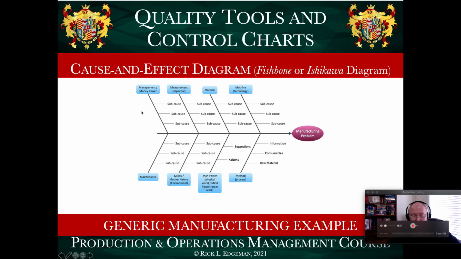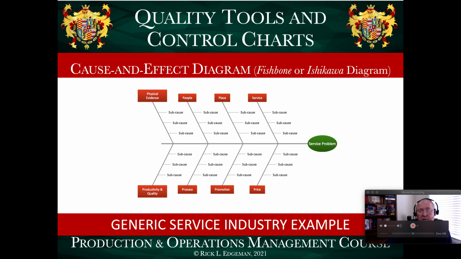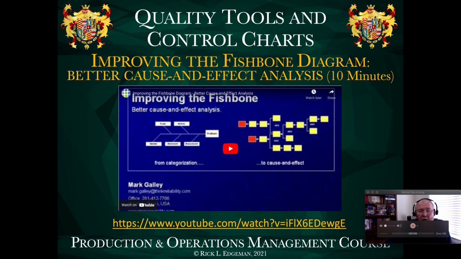Another possibility might be that you have exactly the same categories across the top as you do on the bottom, except on top you might have things to help you conquer the problem or take advantage of the opportunity, whereas on the bottom you may have roadblocks. So you might do something like that. You might be able to time sequence things. So there are lots of possibilities you can use your imagination to try to employ to improve the function of these control charts, or these cause and effect diagrams.